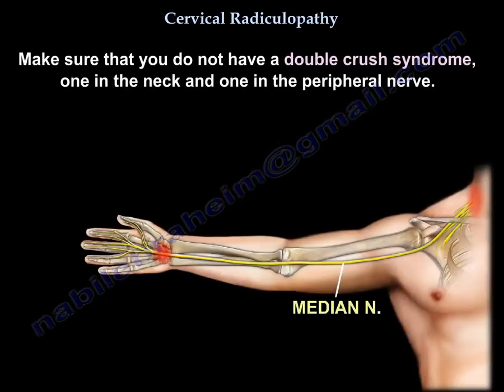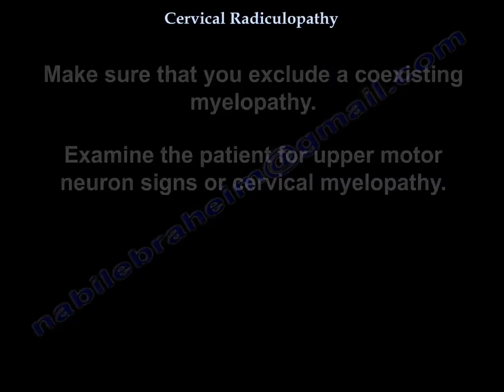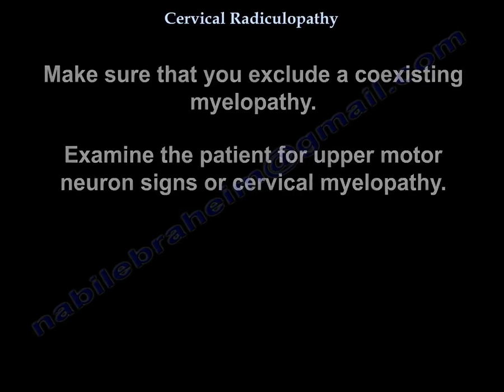Make sure you don't have a double crush syndrome, one in the neck and one in the peripheral nerve. Make sure you differentiate radiculopathy from myelopathy. Make sure you exclude a coexisting myelopathy. So examine the patient for upper motor neuron signs or cervical myelopathy.